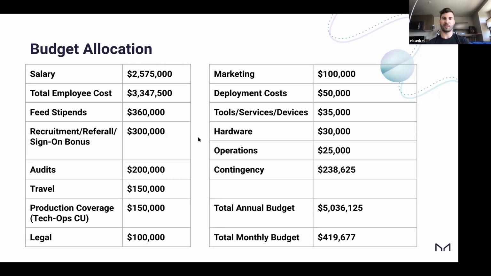We have $300,000 allocated to what will likely be, for the most part, recruitment. I apologize for misspelling referral, and sign-on bonuses.